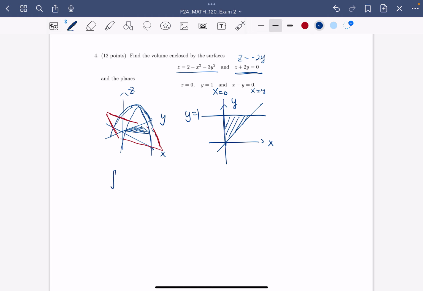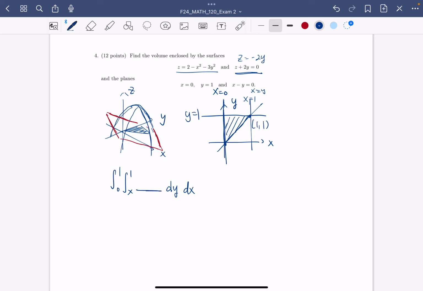Now on the integral side, we can first integrate over dy, then dx. So for y, it goes from x, from this line, to y equals 1. So x to 1. While x goes from 0 up to this place, 1, 1. So x goes from 0 to 1.